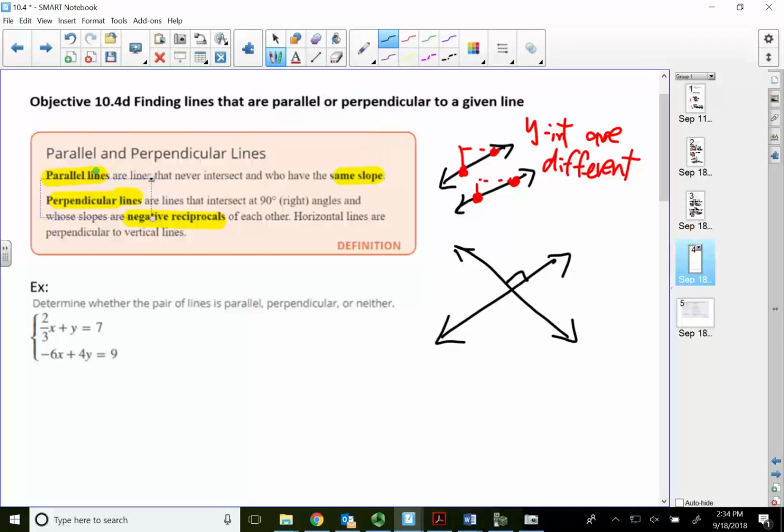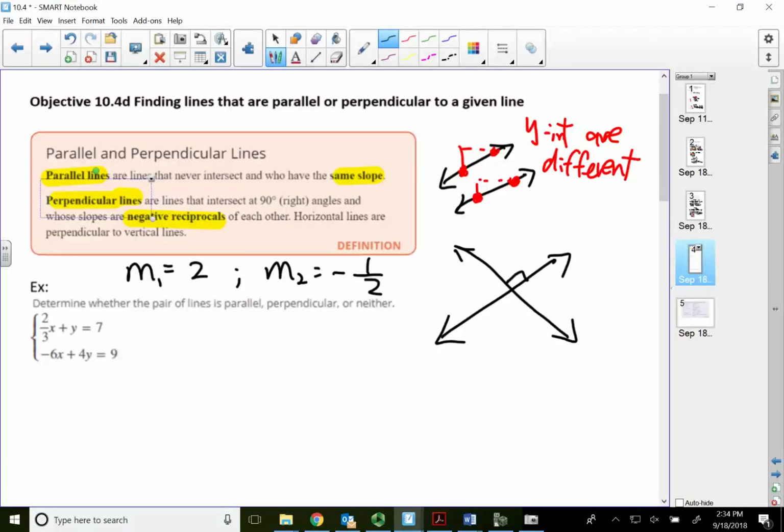For example, if one line's slope is 2, in order for the second line to be perpendicular to the first one, the second slope has got to have the opposite sign, which is now negative, and the numerical value has got to be reciprocal. Reciprocal to 2 means 1/2. Then the two lines are perpendicular.